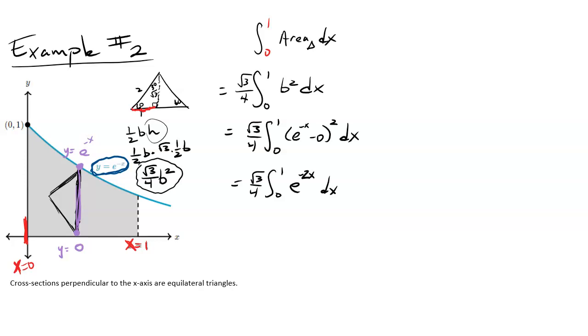Where the square root of 3 came from: geometry. If you have a 30, 60, 90 triangle, every 30, 60, 90 triangle is in the same ratio of 1 to 2 to square root of 3.